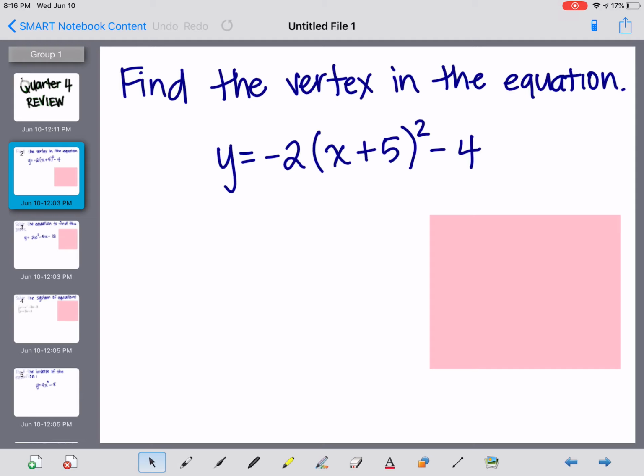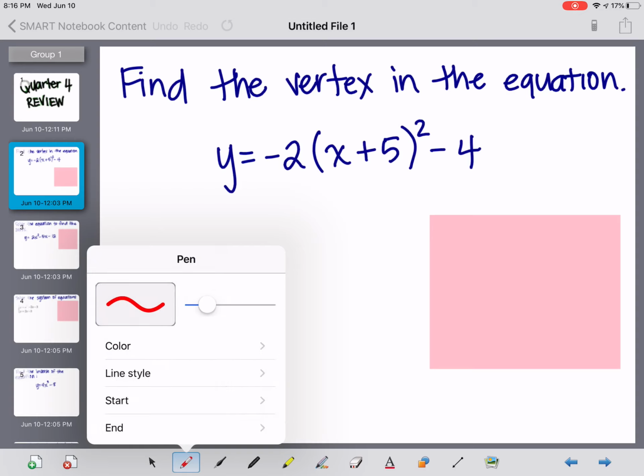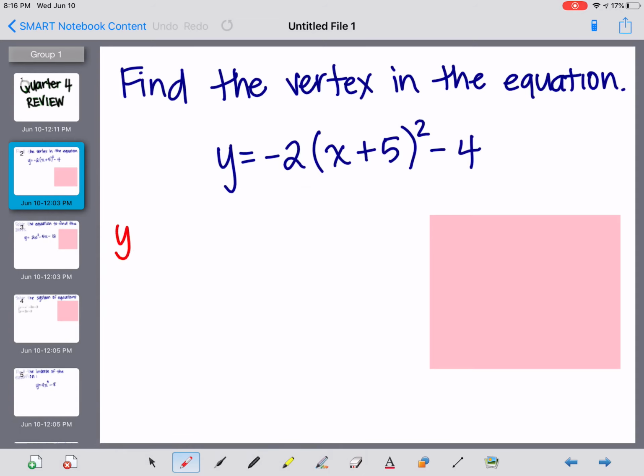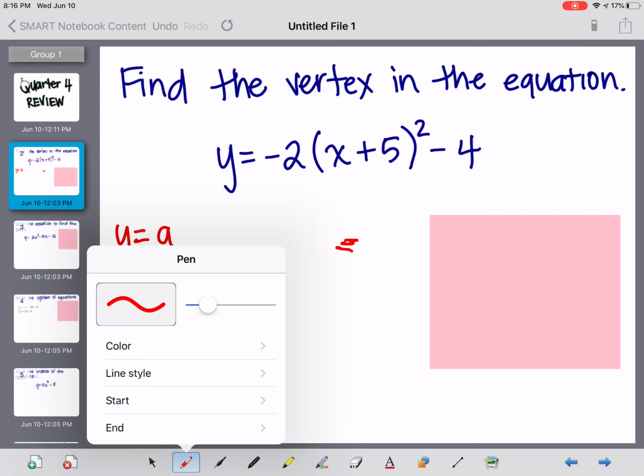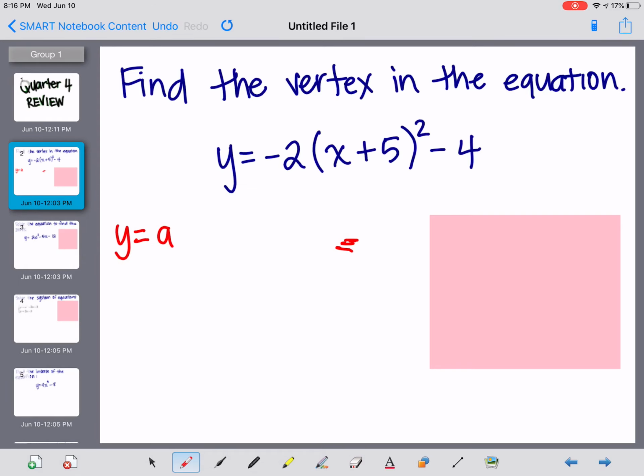So if you guys remember vertex form of a quadratic, remember that it's normally y equals a(x minus h) squared plus k.